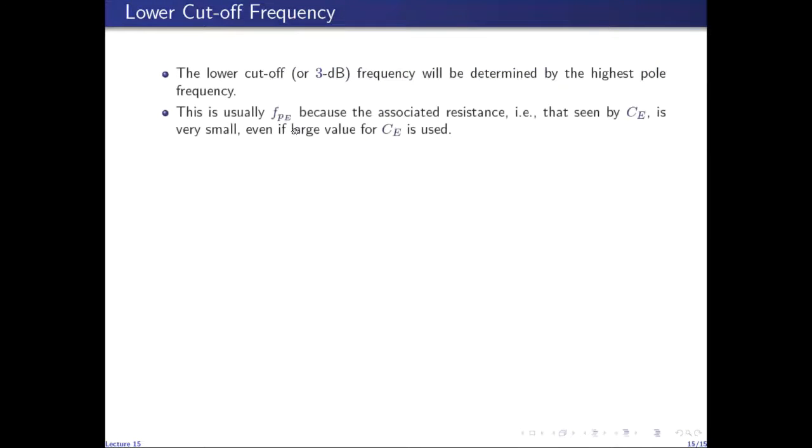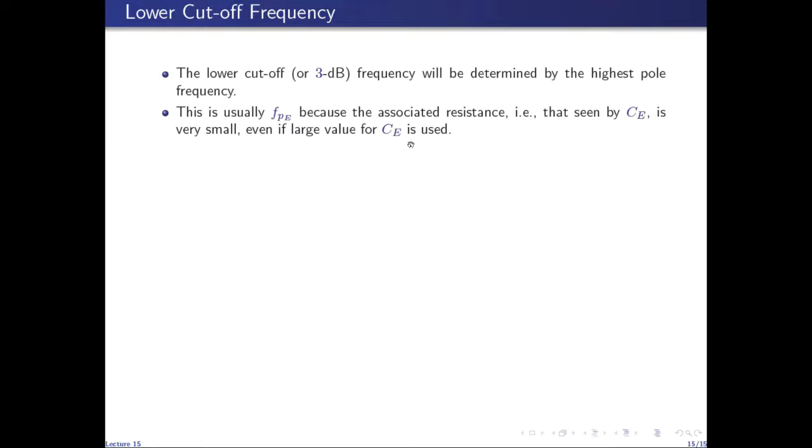Like I said, FPE is usually the dominant pole frequency because the time constant associated with CE is very small, because of the small value of the associated resistance. That is, the resistance seen by the capacitor CE is really small.